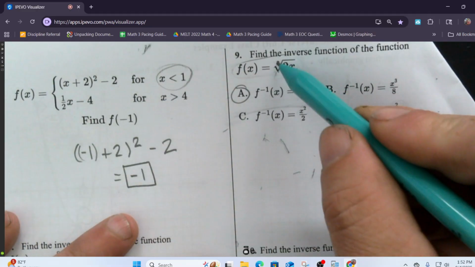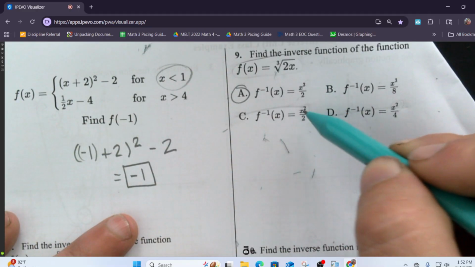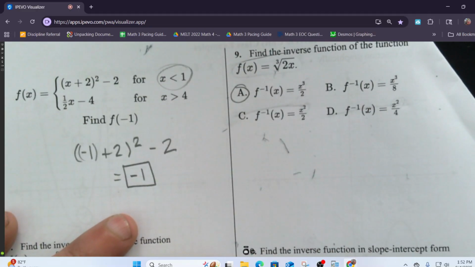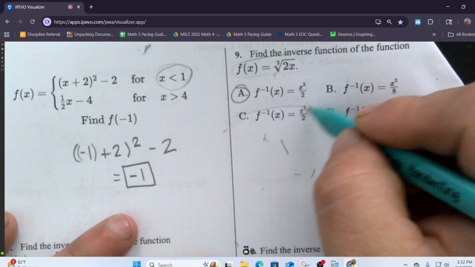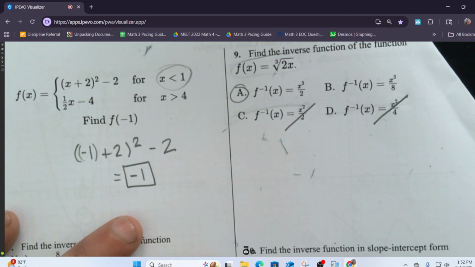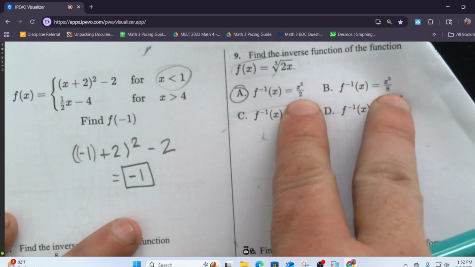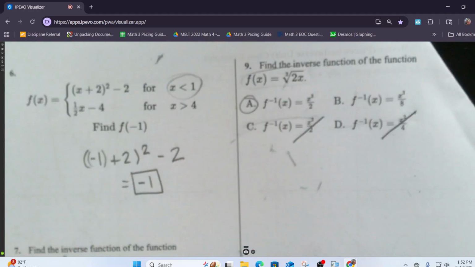That being said, if that's a third root, your exponent's not going to be squared. It's going to be the same exponent. So if that's a 3, this needs to be a 3. So those two can't be the answer because it's a different type of function. All right. So it's either going to be one of these two. Let me show you how to tell the difference.